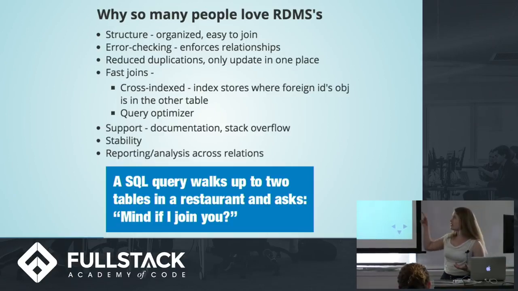Fast joins. This is really the big piece that relational databases are good at. If you are trying to cross-reference and grab things from different tables, you get things that are cross-indexed. It basically stores not only what the foreign key is, but where it is in memory, and so it's very fast to go and grab it.